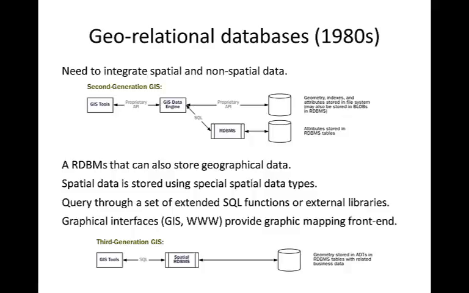But of course, companies set up their GIS databases to deal with their spatial information, but often they had other data that wasn't inherently spatial, or didn't need to be spatialized all the time, in other corporate databases, in corporate relational database systems. So for example, I started work, I've told you this already, in the water department in Edinburgh.